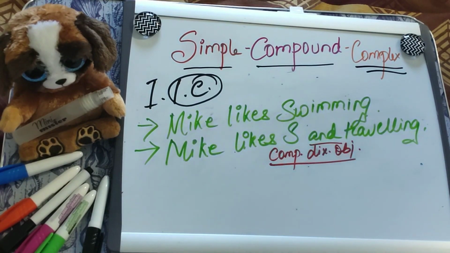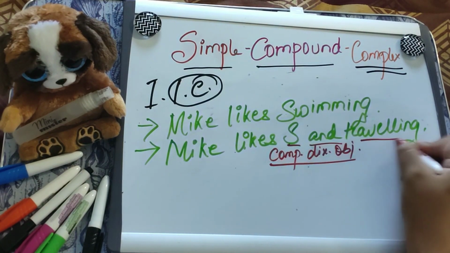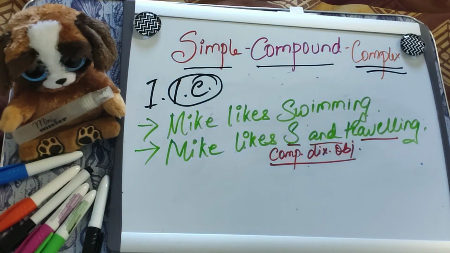You can use this structure in your writing. Swimming and traveling, being objects, are added with the conjunction and, and that makes a simple sentence with a compound direct object.